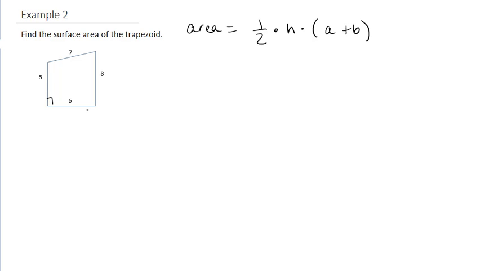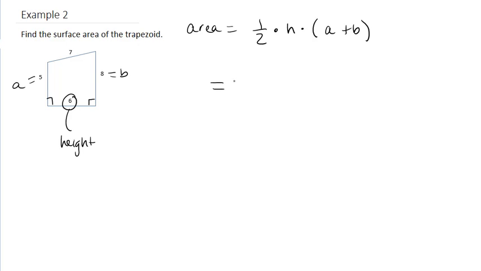So we can see a right angle here and a right angle here. So this 6 is our height of the trapezoid, as it's just kind of flipped on its side. Then, as it meets the two bases that run parallel, this could be A and this could be B.